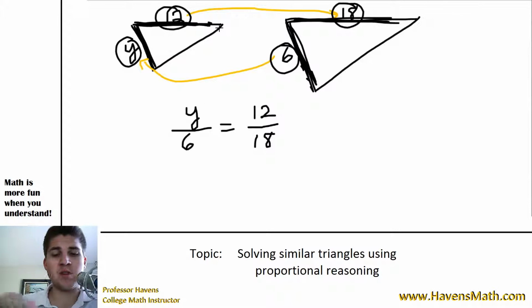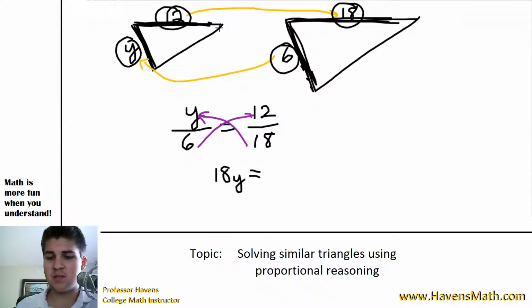So anyways, now once you have your proportion set up, we can solve it again by cross multiplying. So we would have 18 times y on the left side, which we would write as 18y, and then 6 times 12 on the right side, which is 72. And then finally, as with any proportion, we would divide by the coefficient.